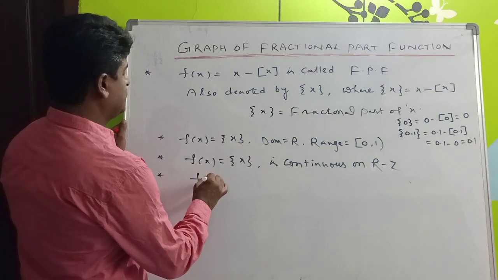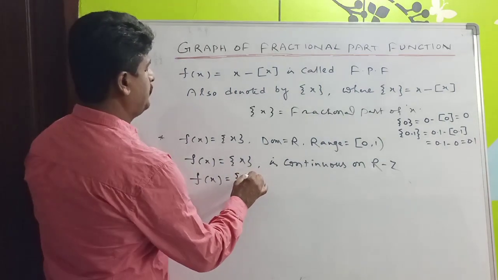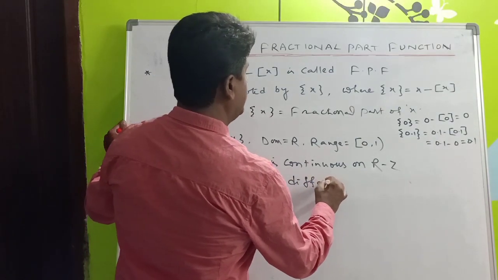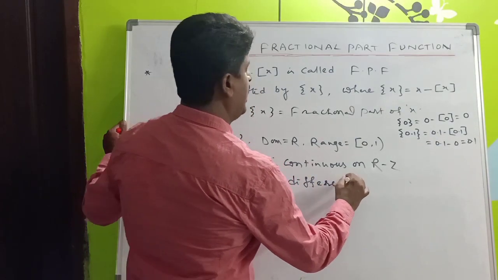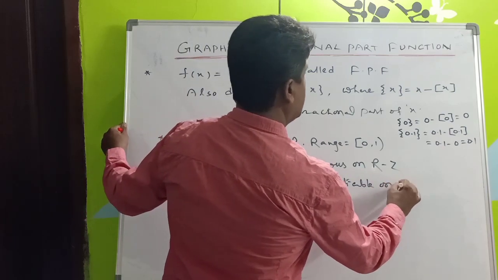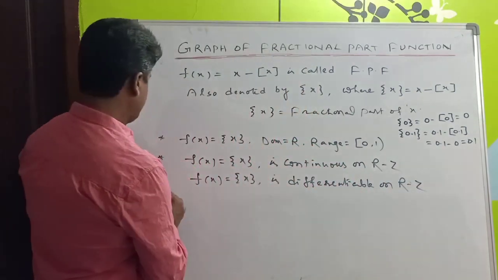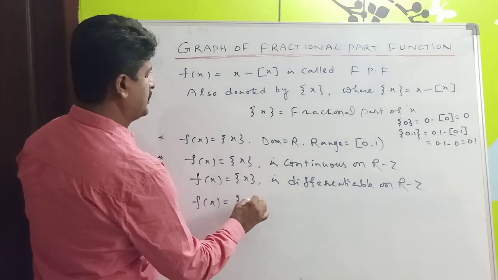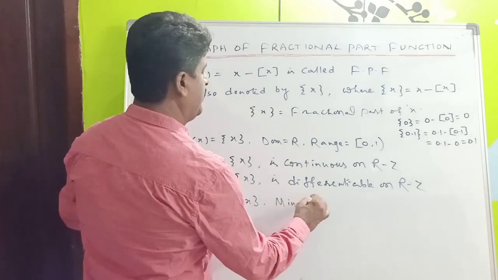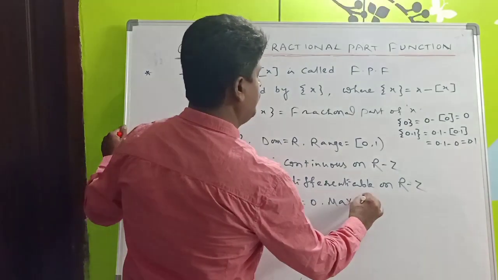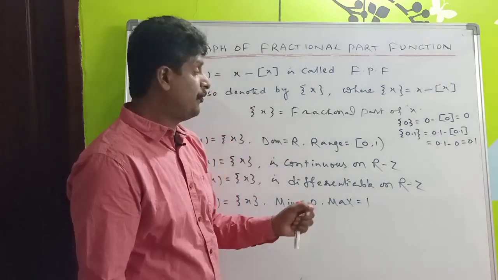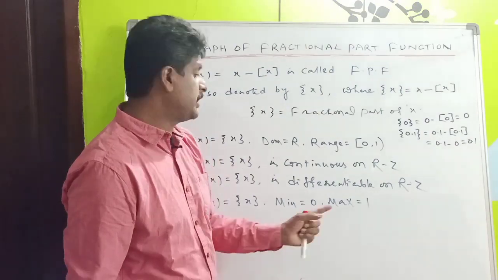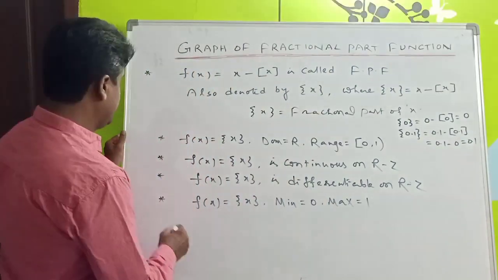Okay, f of x equals the fractional part of x is differentiable everywhere except Z. F of x equals the fractional part of x: minimum value is 0, maximum value is 1. Maximum value 1 means it never equals 1, but its upper boundary is 1. So that's why we are writing maximum value is 1.